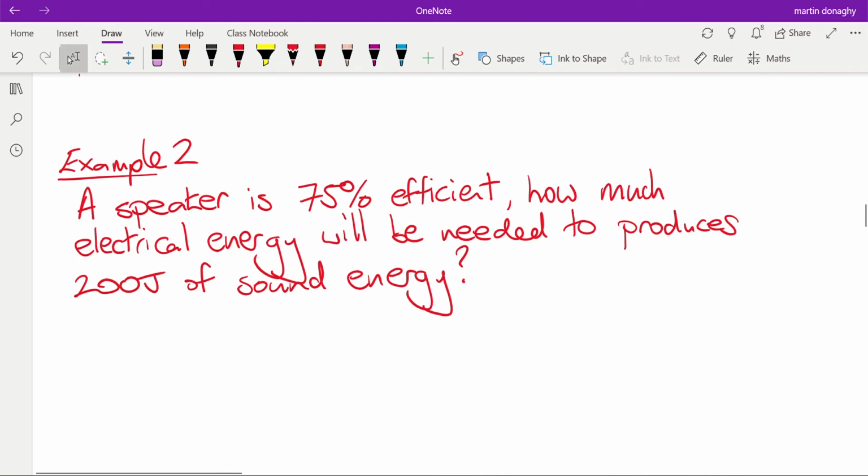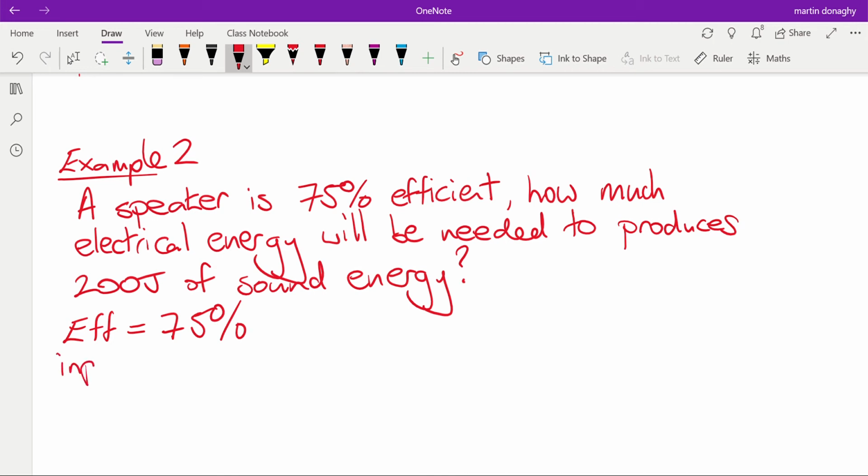The second example says a speaker is 75% efficient. How much electrical energy will be needed to produce 200 joules of sound energy? So we're told that the efficiency is equal to 75%. How much electrical energy?